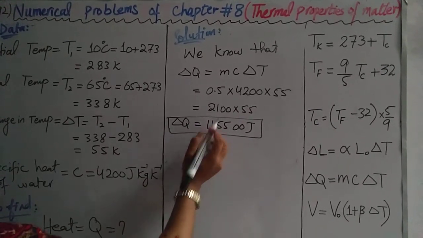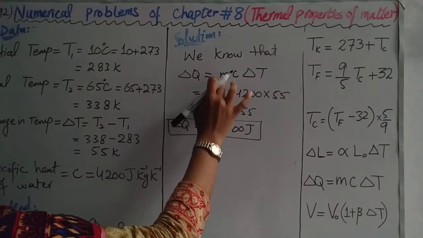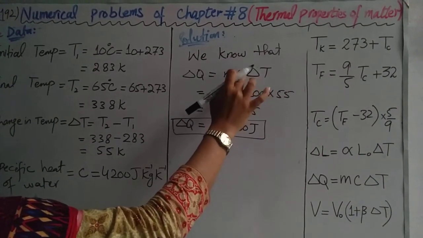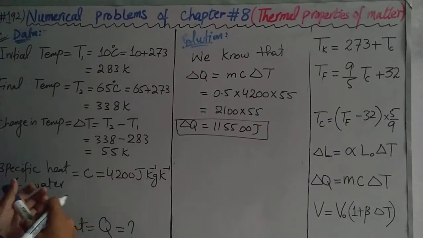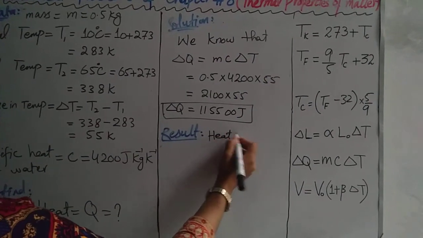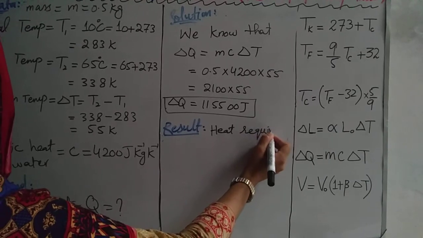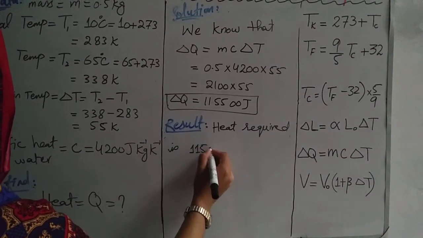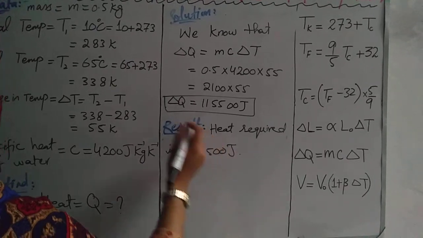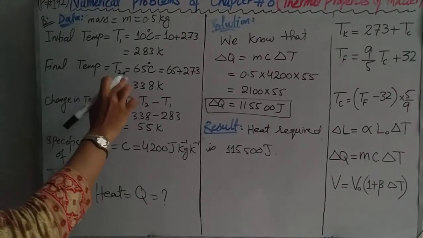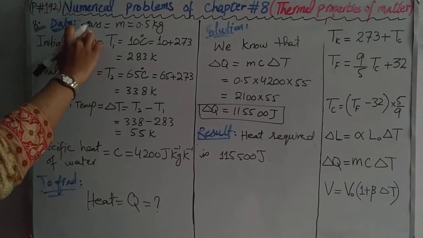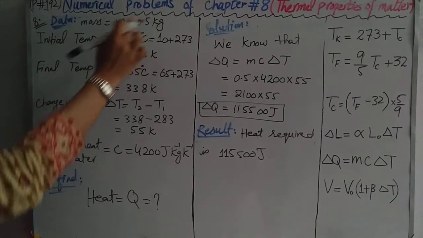Basically, what we have in the given data is the mass, the specific heat capacity of water and the change in temperature. Now, heat required is 115500 joule. What we have done in this numerical problem: we have the value of mass in given data, that is 0.5 kg.